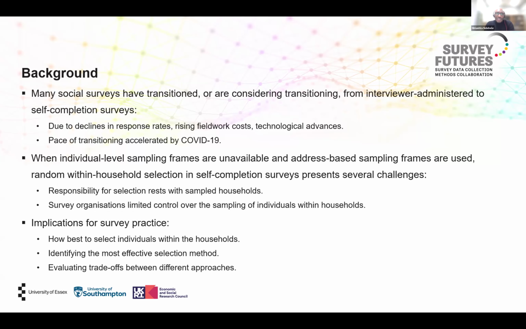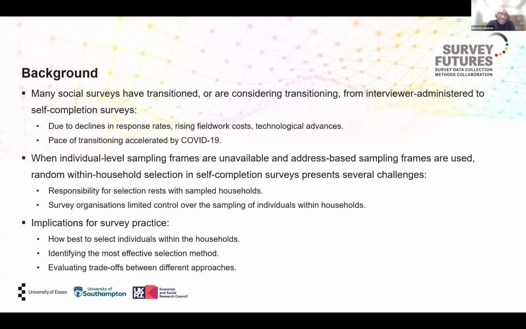Now, as a bit of a background, more recently, there's been really a shift from interviewer-led data collection to self-completion. This is partly due to some declines that we've seen in response rates, plus also the rise in costs in terms of fieldwork, but also technology advances that have come in that have sort of changed the landscape of how data is collected.